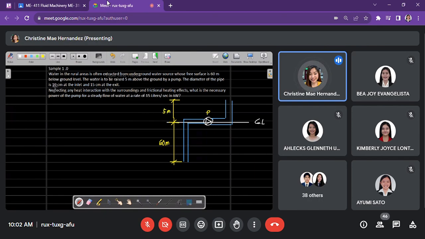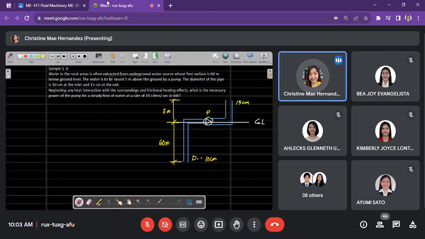So, ang diameter ng ating inlet, ito yung inlet, kasi kukuha nga tayo ng water sa underground na 60 meters below the ground level. So, meaning ito yung ating inlet diameter or D1 na 10 cm. And yung ating pipe diameter at the outlet ay 15 cm.